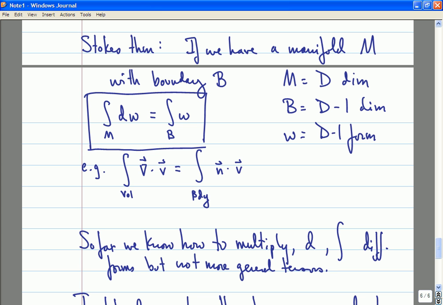This is a theorem that you've encountered in a variety of contexts over your life. In one dimension, it's the fundamental theorem of calculus. In two dimensions, I guess it's Cauchy's theorem. In three dimensions, it's Stokes' theorem. In four dimensions, it's what I have written here.